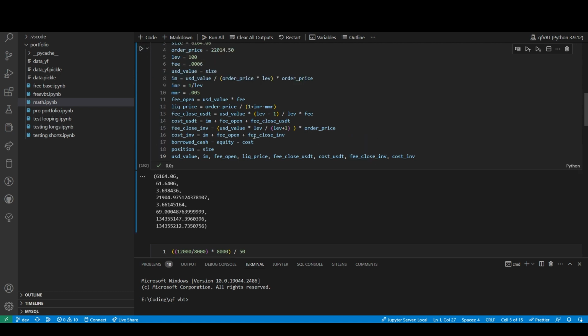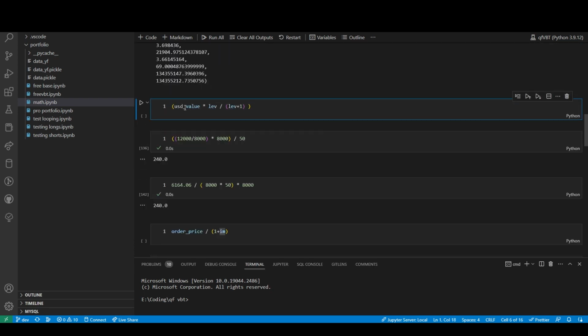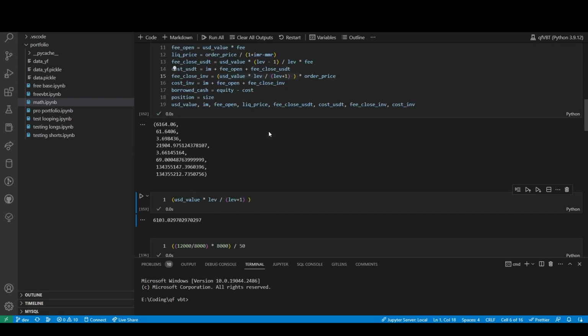What is this? Something is messed up here. The USD value times leverage divided by leverage plus 1. What does this give you? Wait, what? Bankruptcy.